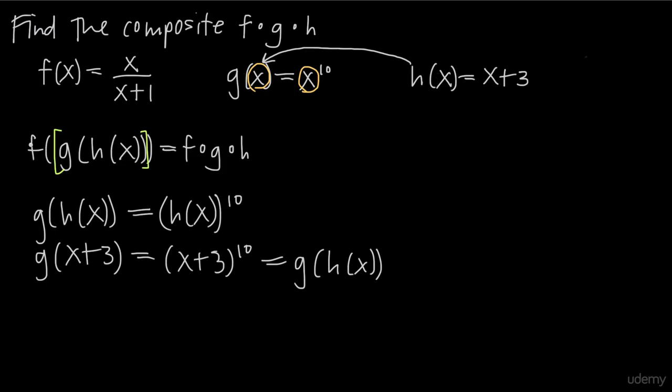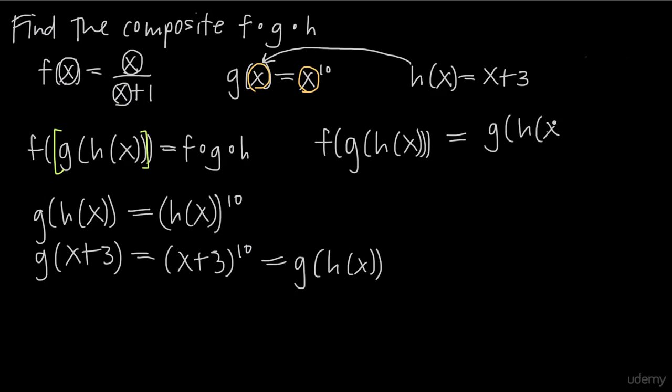Here, instead of taking f of x, we're taking f of g of h of x. So we have g of h of x here, and we want to replace x right here, and right here with g of h of x. So you could write it this way. You could say f of g of h of x is going to be equal to, and then instead of x right here, we want to say g of h of x.